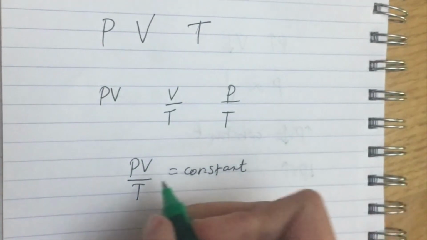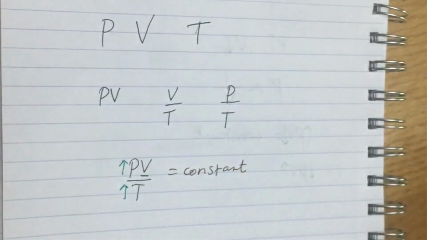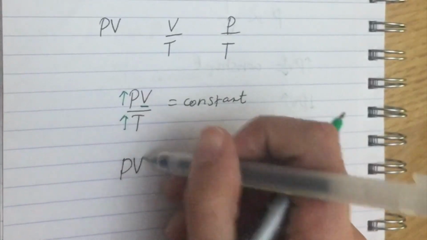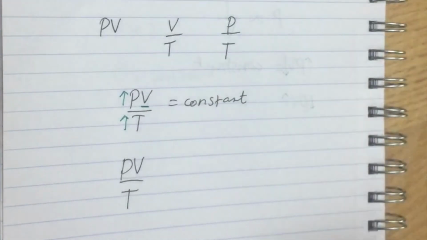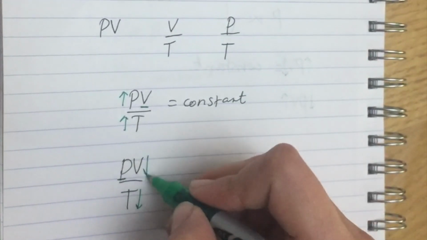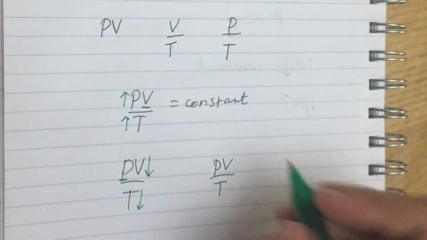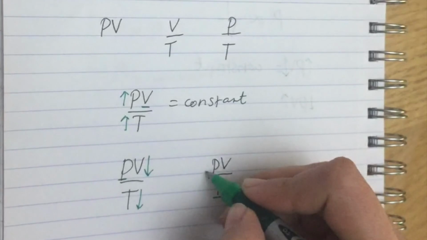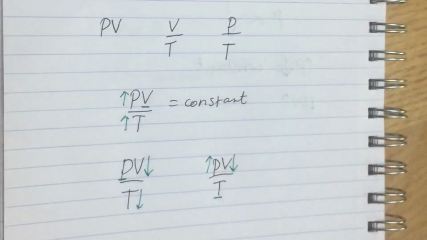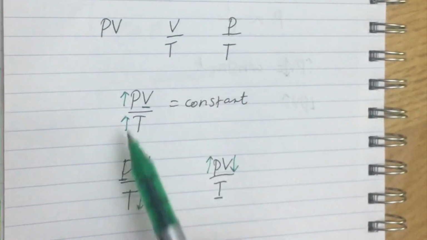Whenever V is constant and T increases, P has to increase. Whenever P is constant and T decreases, V has to decrease. And vice versa. Also, when temperature is constant, whenever P increases, V has to decrease. You don't have to know when one of the three is not constant.